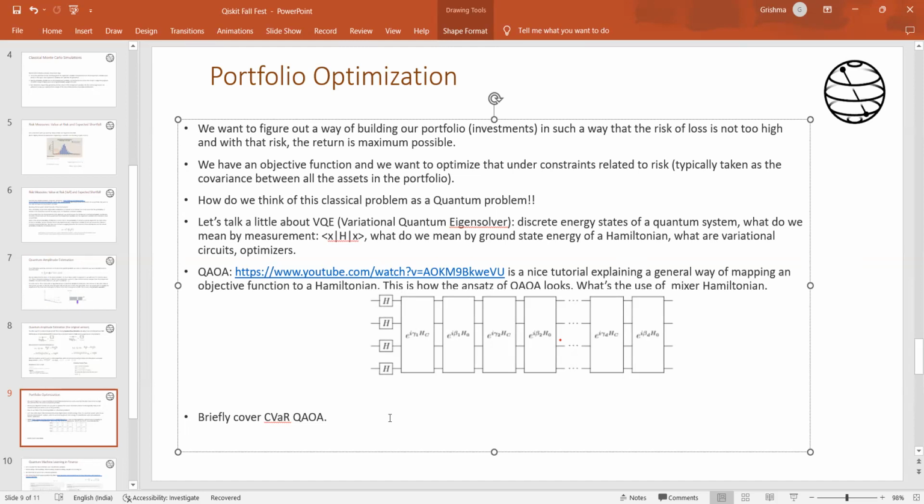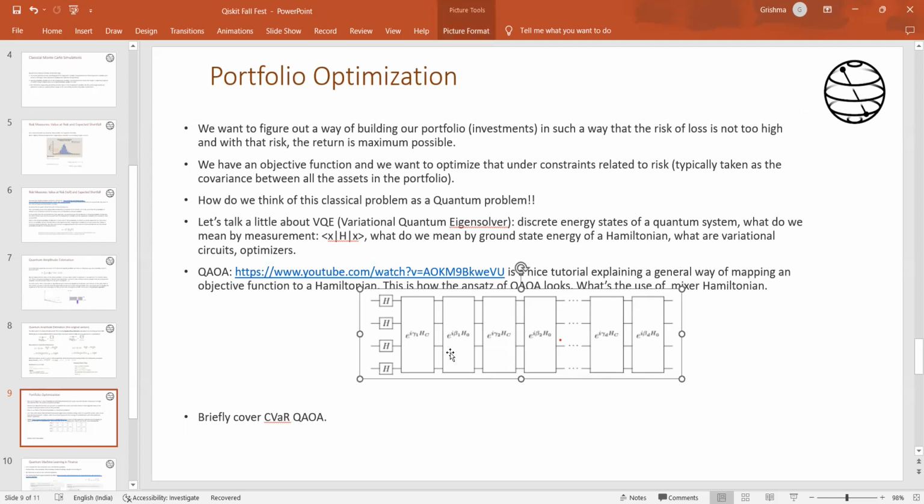The more you repeat, the more errors you may incur, since you're running it on a noisy quantum computer. The fewer repetitions you run, the fewer errors you may have, but your accuracy and precision may be lower. The problem Hamiltonian, which I just talked about, is where you map your objective function to a Hamiltonian, but you also have something called a mixer Hamiltonian.